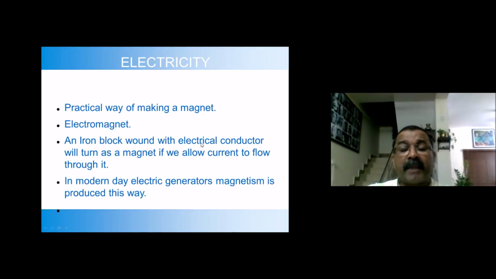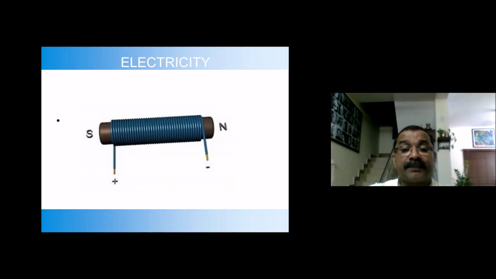It is an electromagnetic arrangement, an electromagnet. And in modern day electrical generators, magnetism is produced in exactly this fashion.